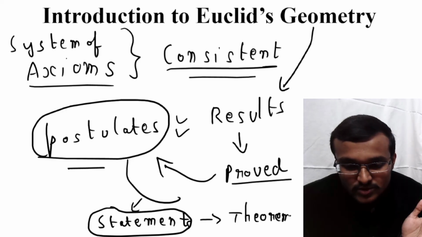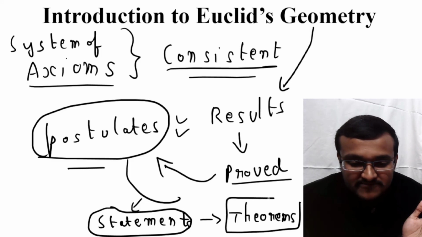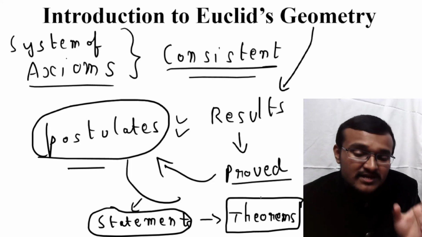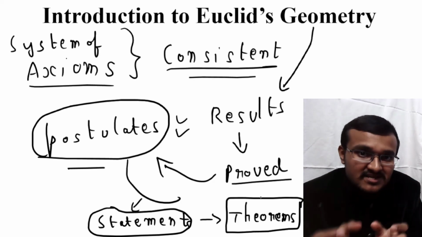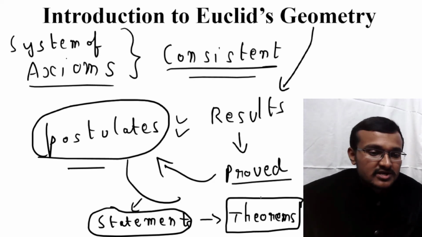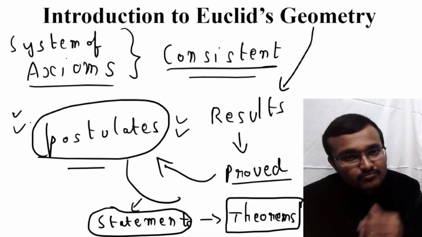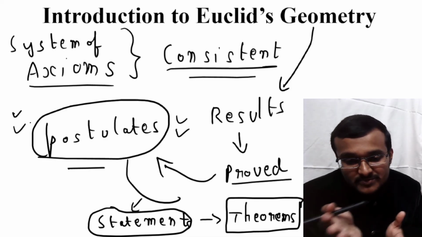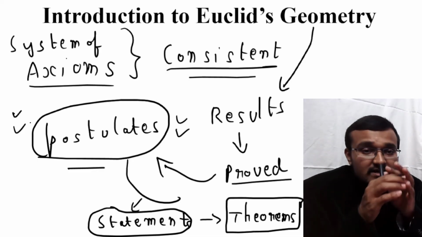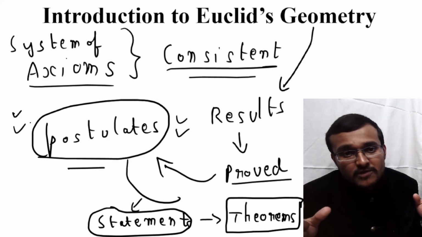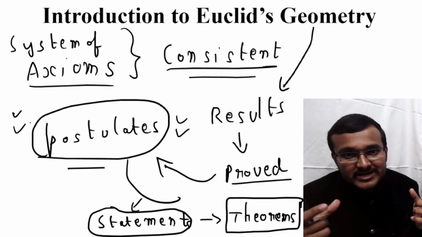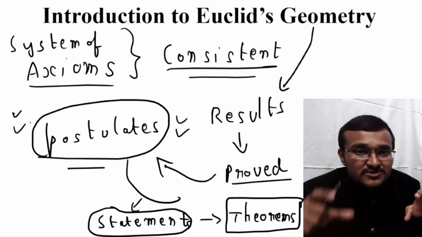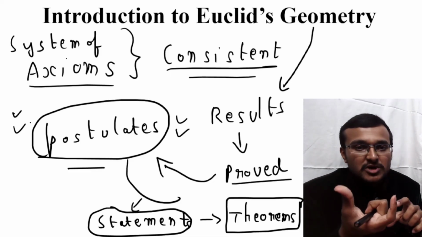In geometry you come across a lot of theorems, and these theorems are statements which are proven results, and these results were proved using Euclid's postulates.